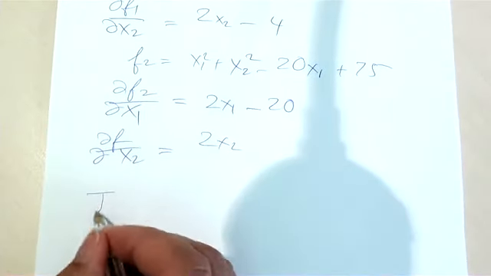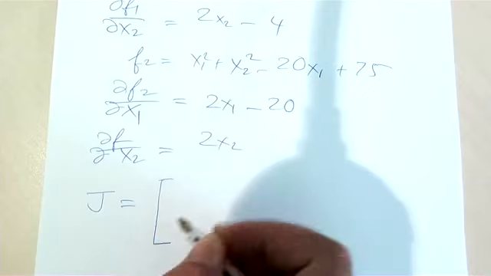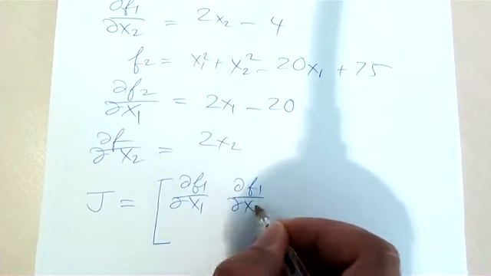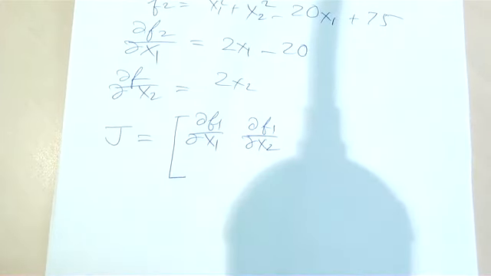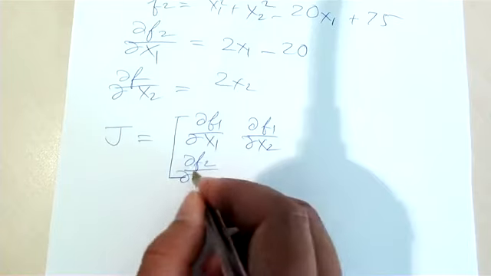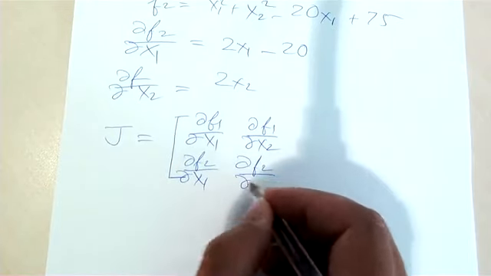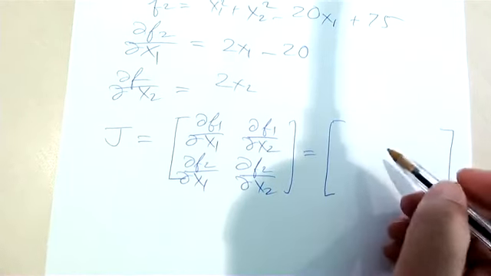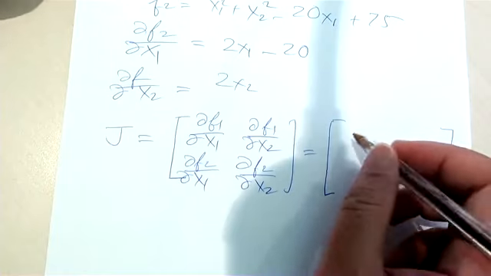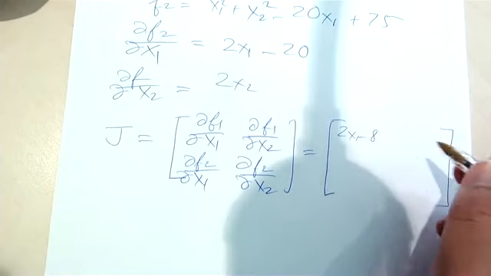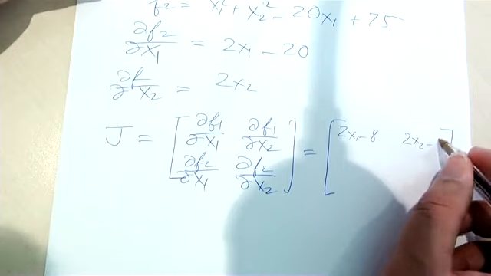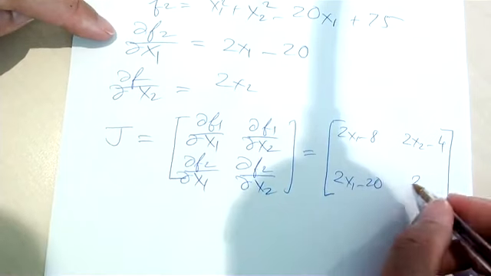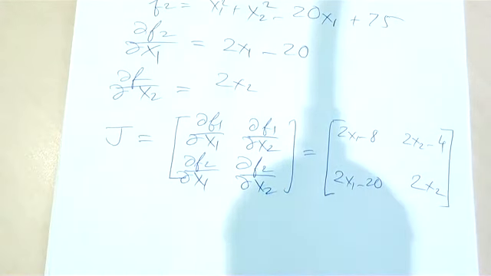So now the Jacobian will be partial f1 with respect to x1, partial f1 with respect to x2, and partial f2 with respect to x1, partial f2 with respect to x2, right? You plug it in, so you have 2x1 minus 8 and 2x2 minus 4, then 2x1 minus 20 and 2x2. That is the Jacobian.